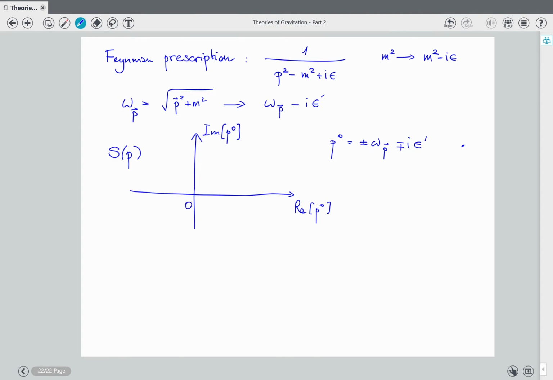And you learn that when the real part is positive, the imaginary part is negative, and vice versa. So that is what you get, two poles like this. After that, you can integrate on the real axis with no problem using the residue theorem, but we are not integrating here because it's at tree level, so we have to move to the bubble diagram at least to see what happens.